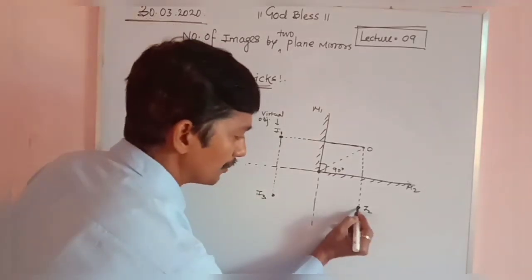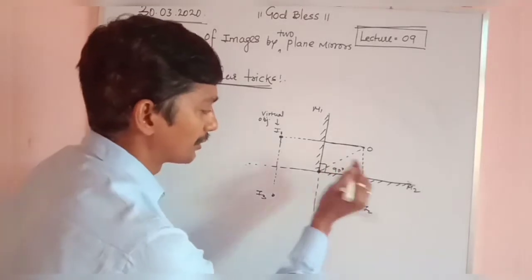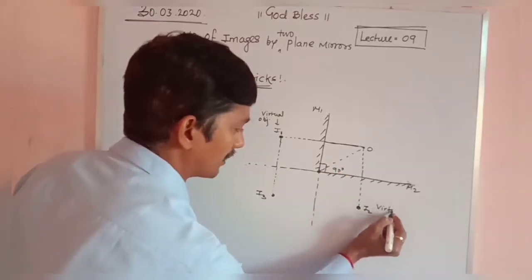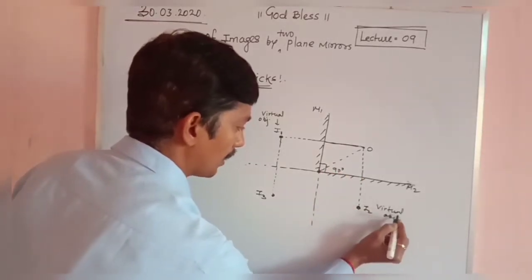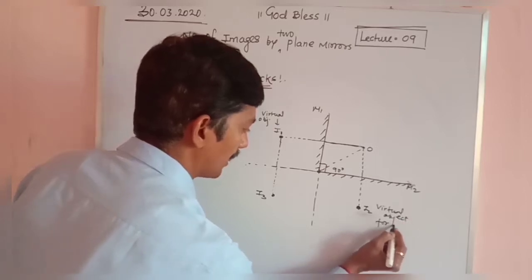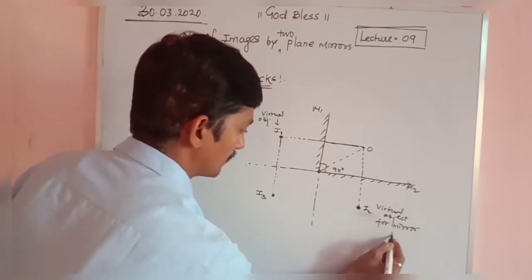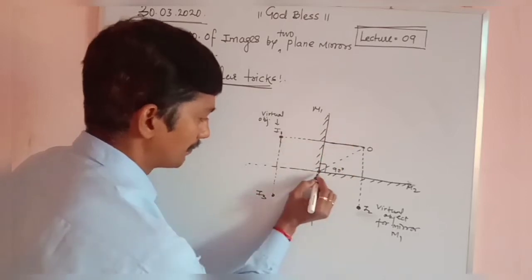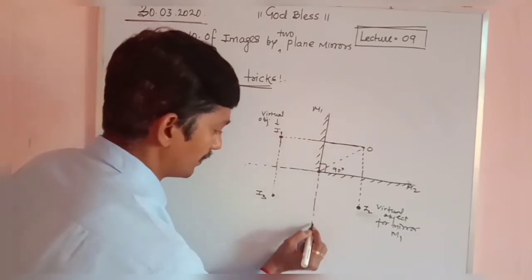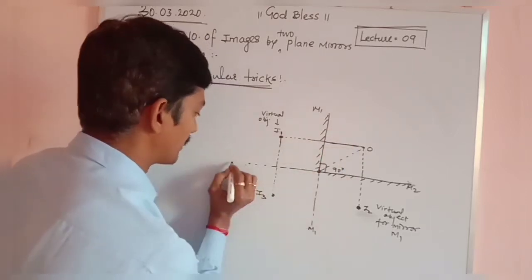Similarly, I2 acts as the virtual object for mirror M1, because this is M1 and this is M2.